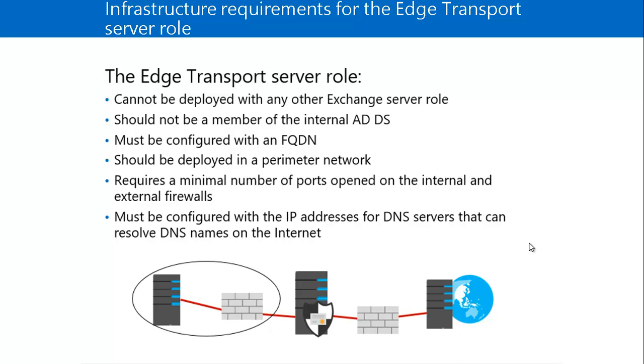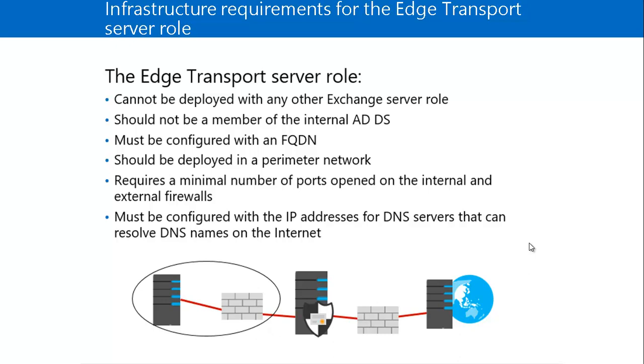Your Active Directory has to communicate with the Edge Transport Server role, and it uses LDAP. So if you do not configure the FQDN, it cannot communicate with your Active Directory. Though you do not have to install it on a domain joined computer, it should be on a perimeter network, but it should have an FQDN. In the next video we will see how we can do that.